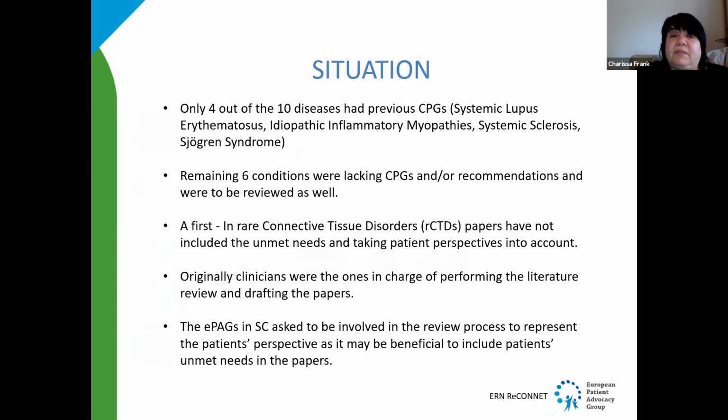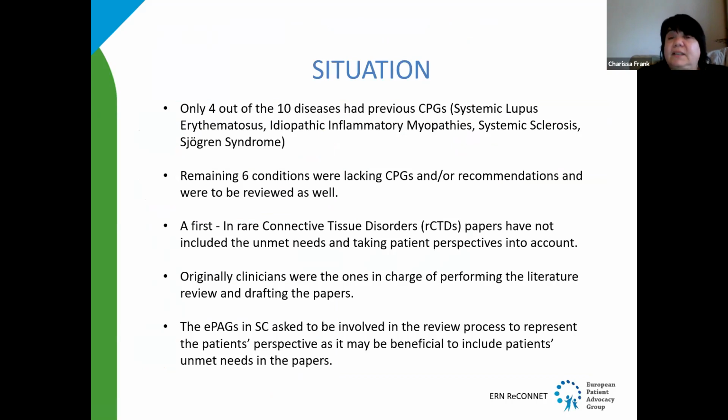Now, the situation before when the whole project started. The purpose was that the CPGs, or the clinical practice guidelines, would be identified. And the problem was that only 4 of the 10 diseases had previous CPGs, which were systemic lupus, the inflammatory myopathies, systemic sclerosis, and Sjogren's syndrome.